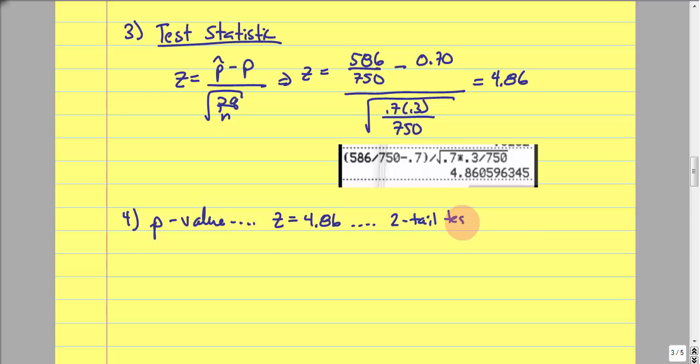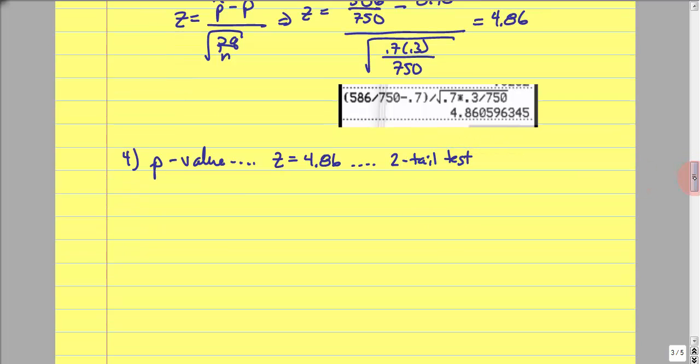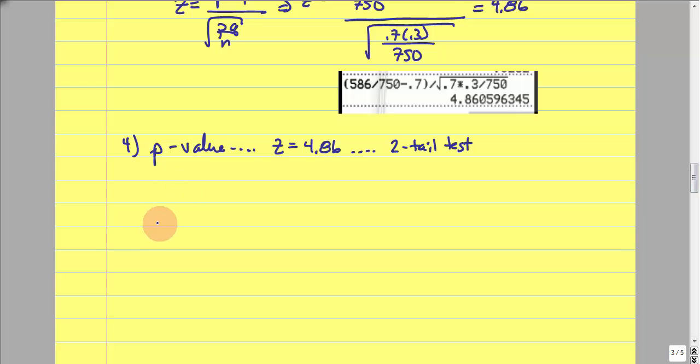When I have a two-tailed test, that reminds me that I have to double my probability. The easiest way to calculate your p-value is to put up a curve sketch. I know my mean is 0 and my z-score is 4.86. This shaded area that's more extreme than 4.86 is half of my p-value. It's half because I have a two-tailed test.